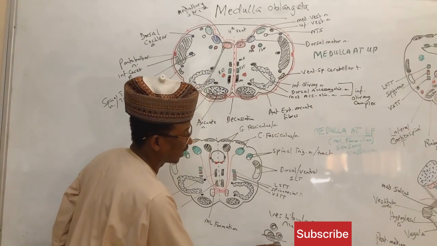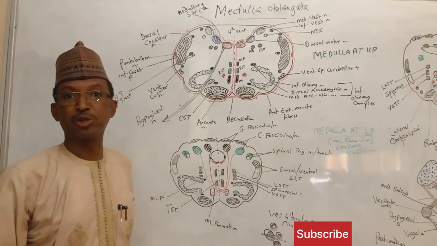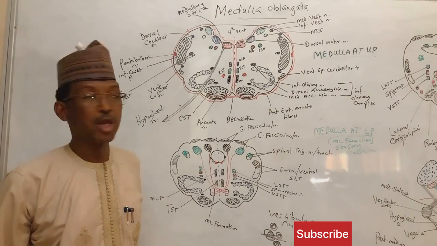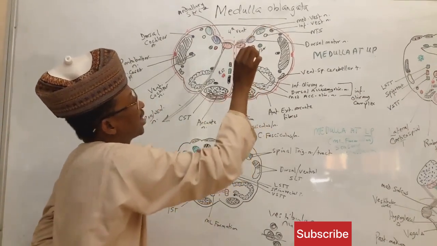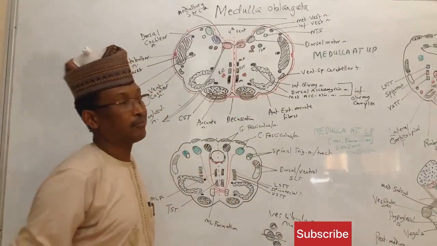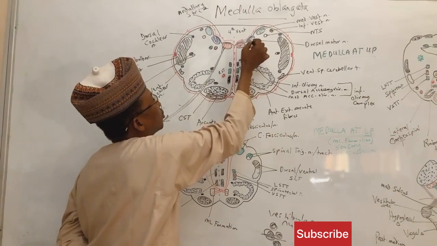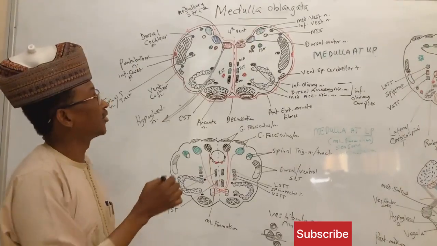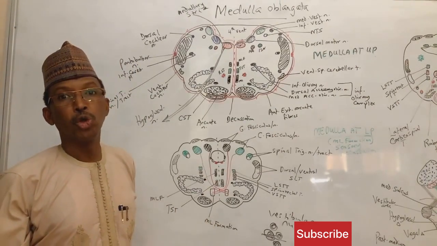You will see the lateral and the part of the medial vestibular nucleus. Are you clear? So that is why you are going to see this medial vestibular nucleus, and then you see this inferior vestibular nucleus. So there are also 2 nuclei that are lying in relation to the anterior lateral aspect of the dorsal motor nucleus of the vagus.